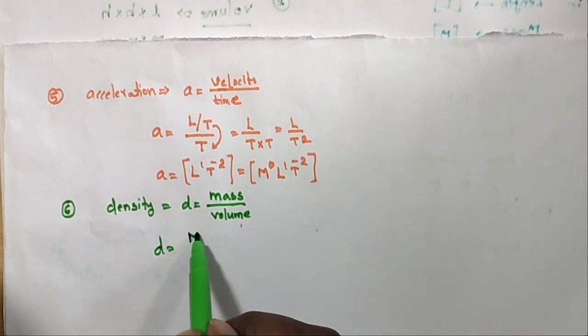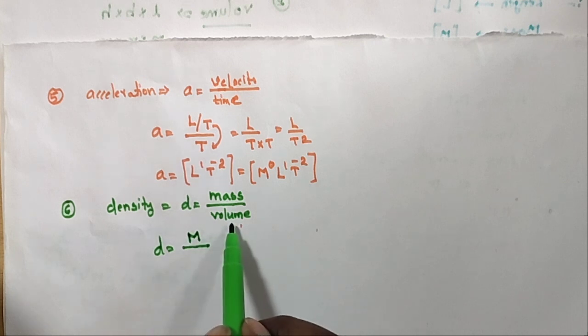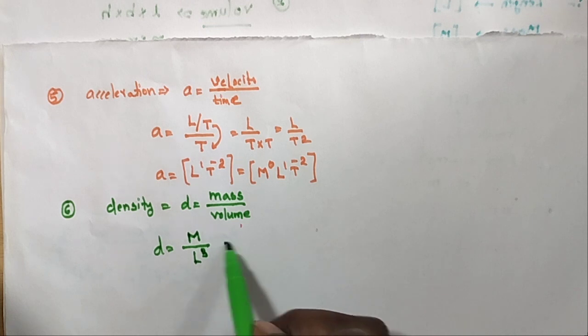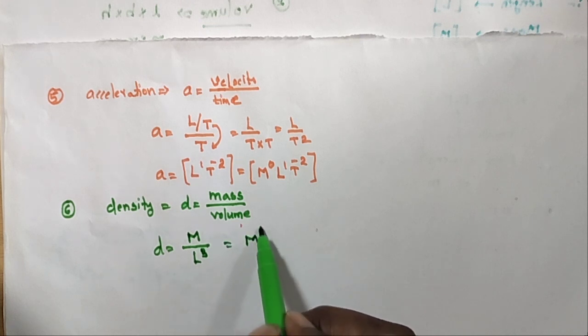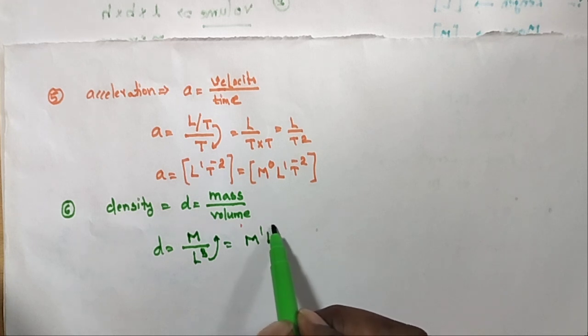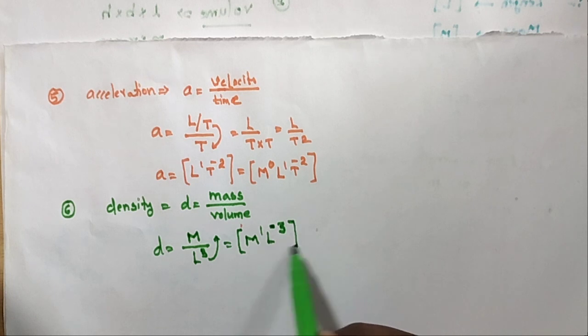Mass means what is the dimension? M. And volume dimension, length into breadth into height, L into L into L, L cube, that is M by L cube. So therefore I will write M power 1. This L cube is going upward, L power minus 3. So this is the dimensional formula of the density.